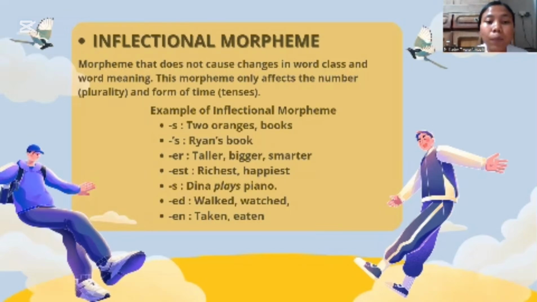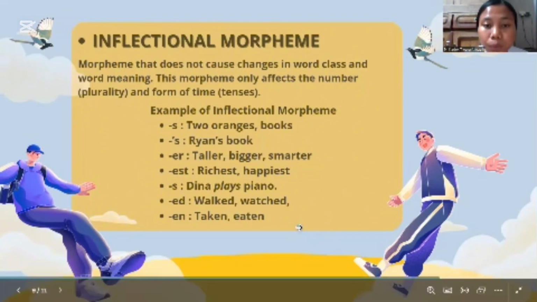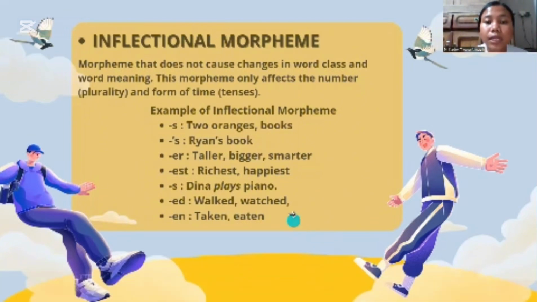Next is the apostrophe s. The apostrophe s explains about ownership. For example, you can read Rian's book, which explains that the book has an owner, that is Rian.